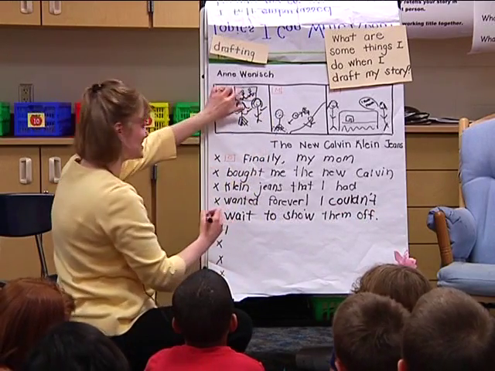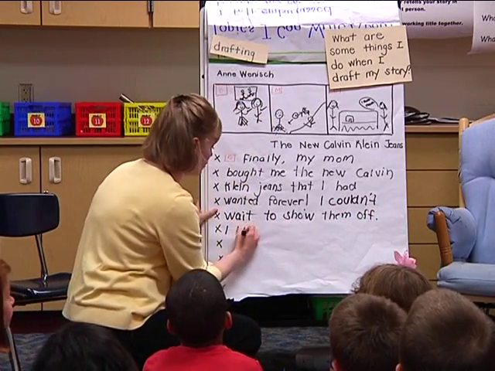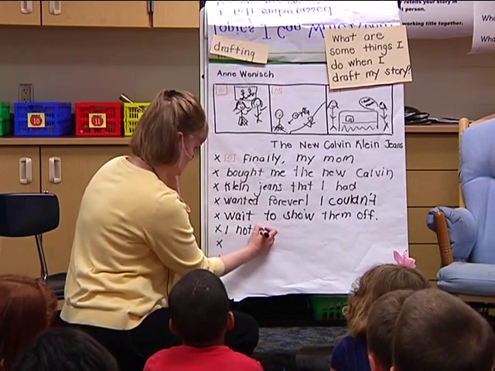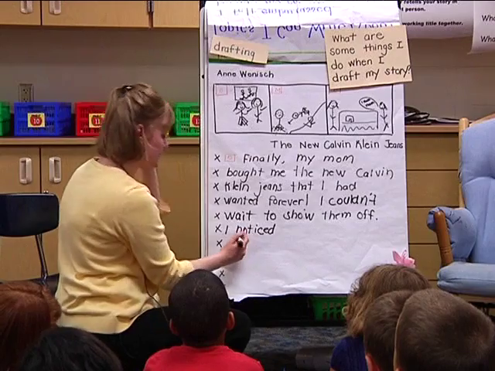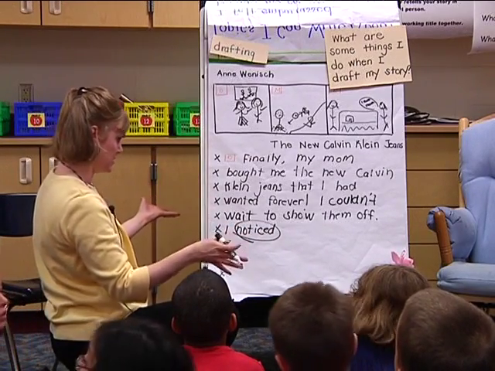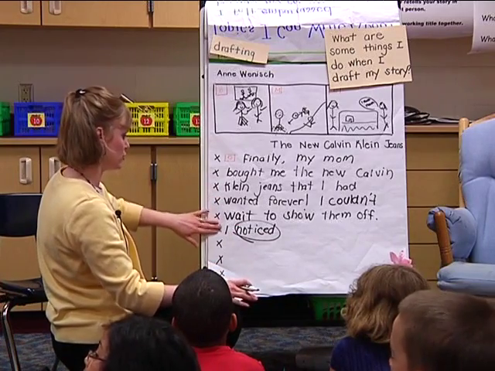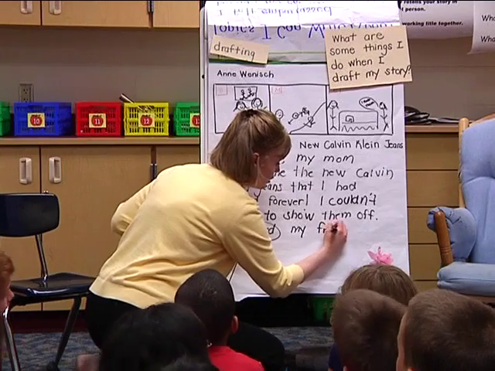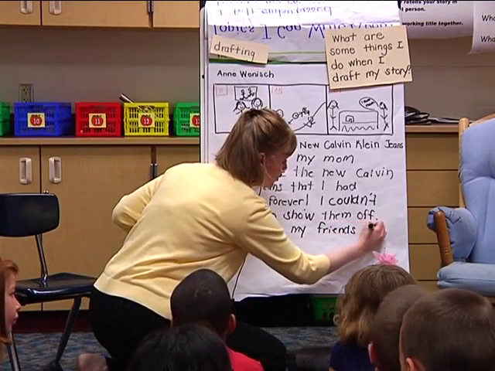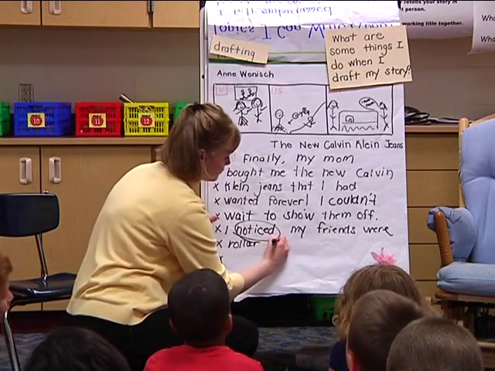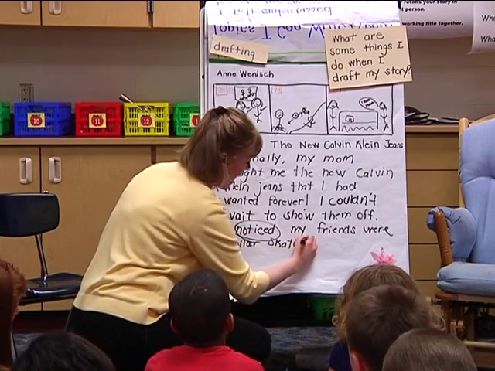I noticed, I don't know, it might be C-E-D, but it sounds like an S. I'm going to circle it because I'm not sure how to spell it. Okay, so I couldn't wait to show them off. I noticed my friends were roller skating outside.